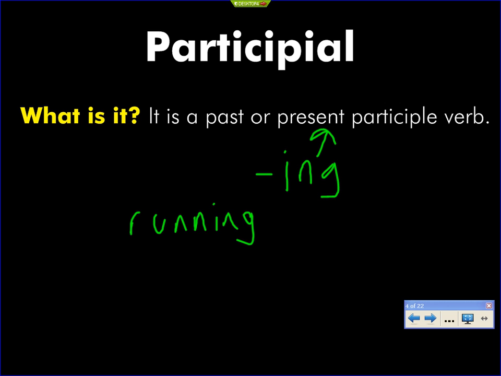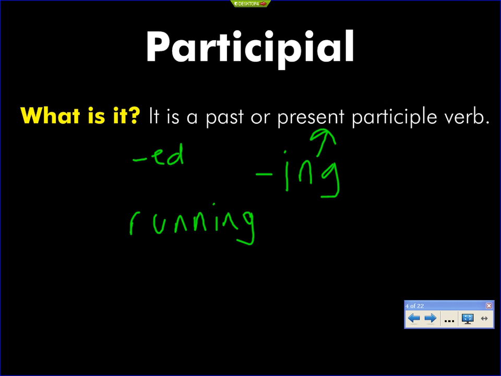ED, sometimes, not always. Why? Because we have lovely irregular verbs in English. So, if I have right here a pencil, what did I do to this pencil? I broke it. Broke is the simple past tense of the verb to break.